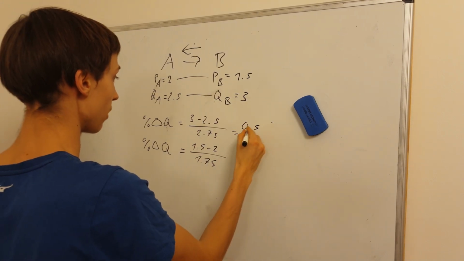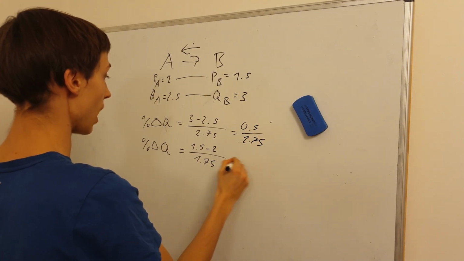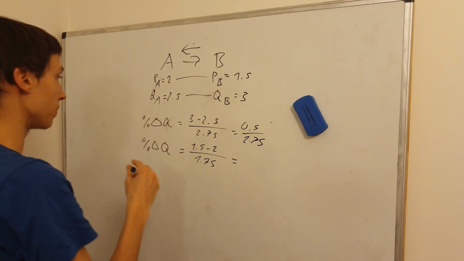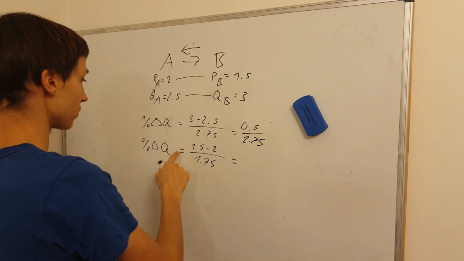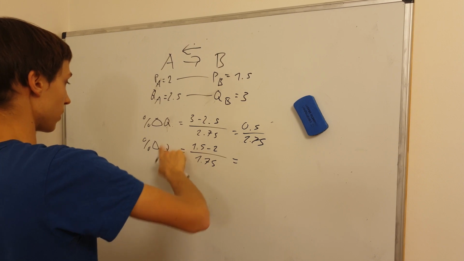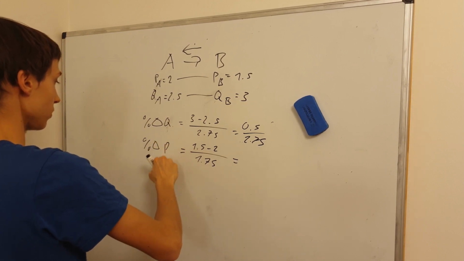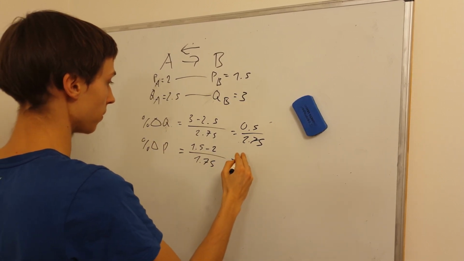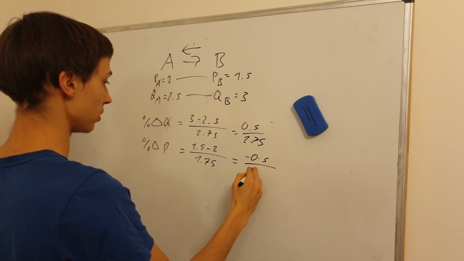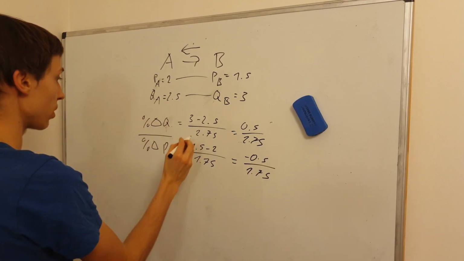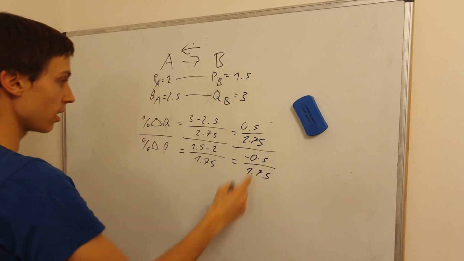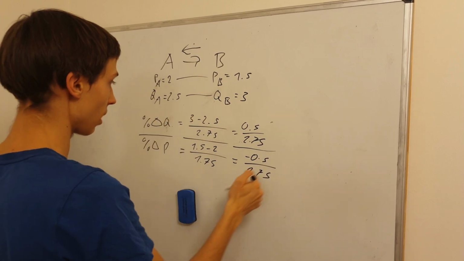So it's 0.5 over 2.75 and we should have price. Yeah, price. Minus 0.5 over 1.75. And we see we're already calculating. So how does this get calculated?